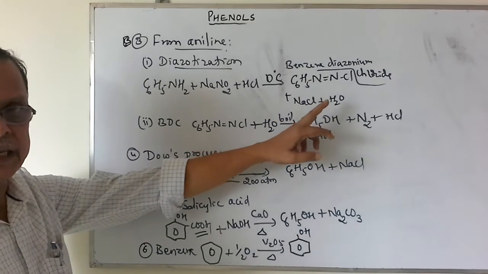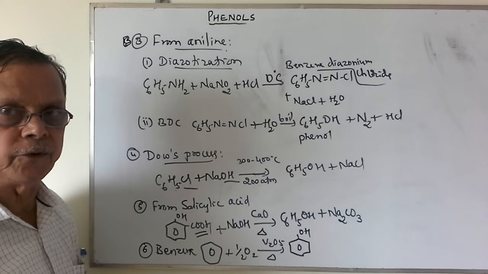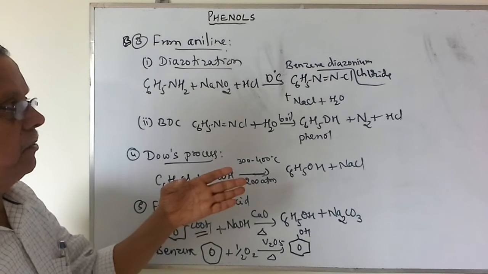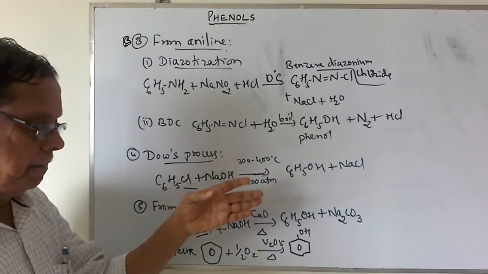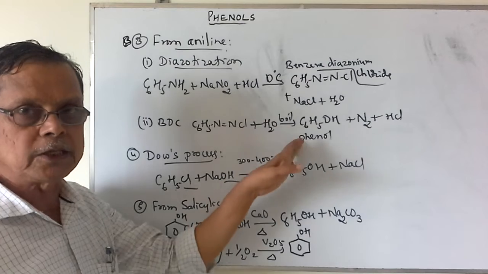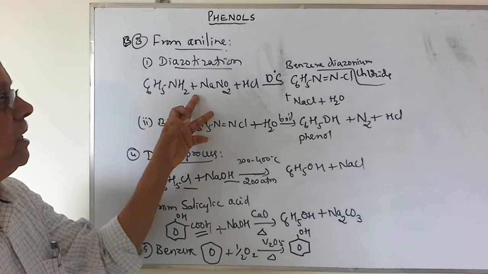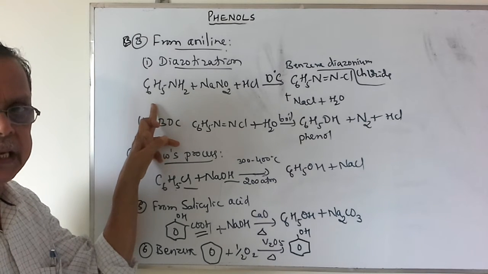So there are so many methods available for the preparation of phenol. First two methods we have studied, from sodium benzene sulphonate. The second one is starting from benzene plus propene, that is called the Cumene process. Third method is by diazotization of primary aromatic amine, that is aniline.